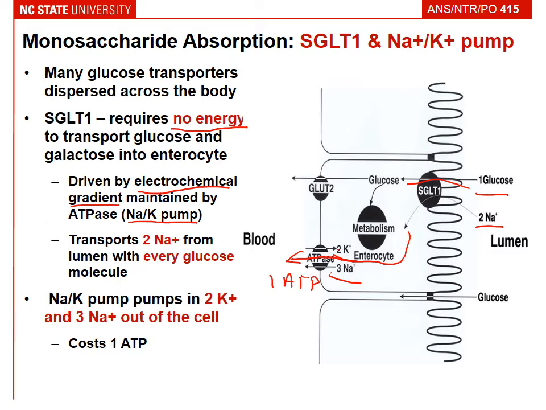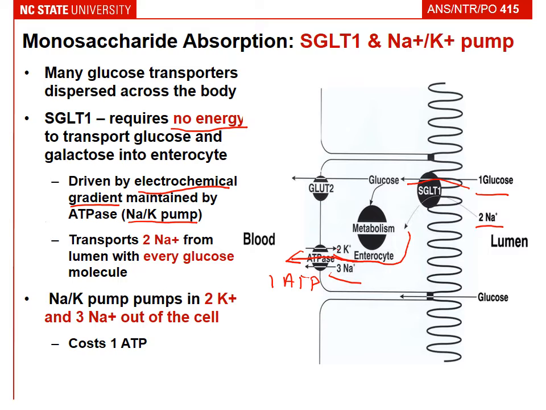Our glucose is then able to either be metabolized by the enterocyte or leave into the blood through GLUT2, where now we have this high level of sodium found within the cell. We need to kick this sodium out so more glucose is able to be absorbed. That sodium is going against its chemical gradient, so we use the sodium-potassium pump and kick it out.